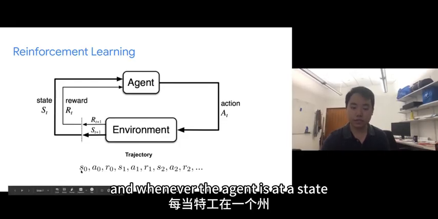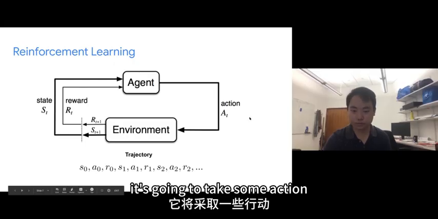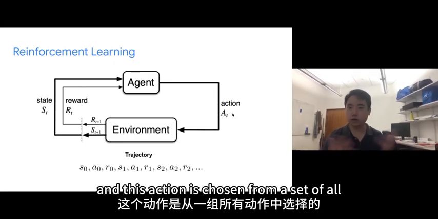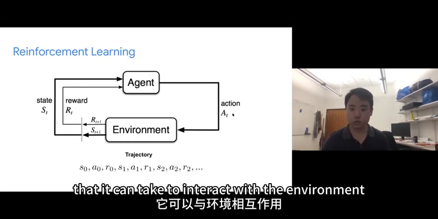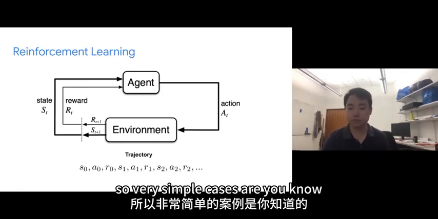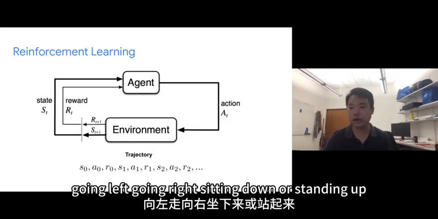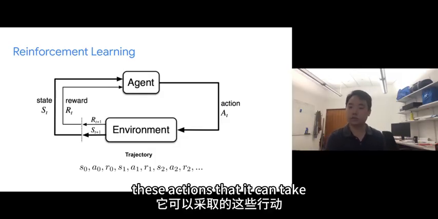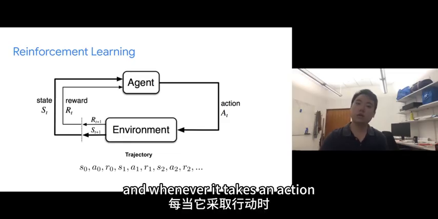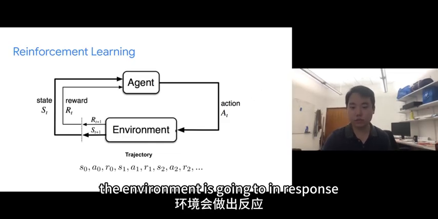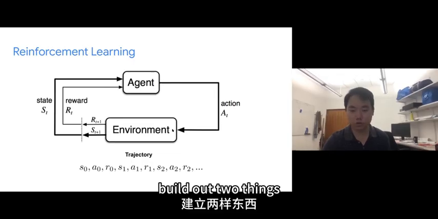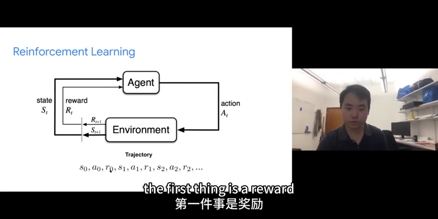Whenever the agent is at a state, it's going to take some action. This action is chosen from the set of all possible actions that I can take to interact with the environment. Very simple cases are going left, going right, sitting down, or standing up. Whenever it takes an action, the environment in response is going to spit out two things. The first is a reward, R0.